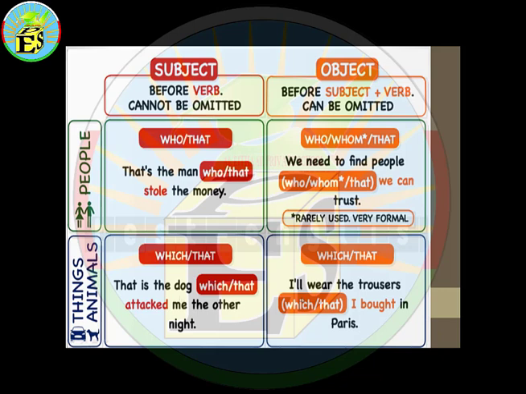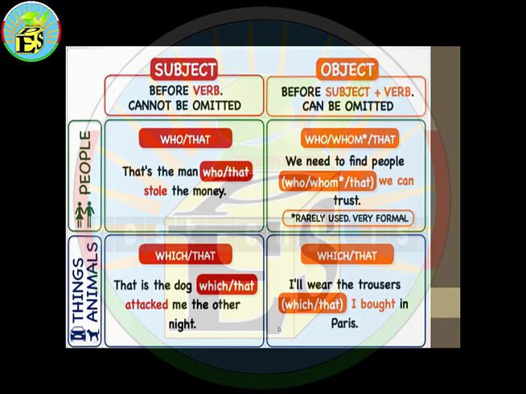Another example, I will wear the trousers which I bought in Paris. Which, trousers. Trousers are things, so we use which with things. I hope I have made things clear for you.